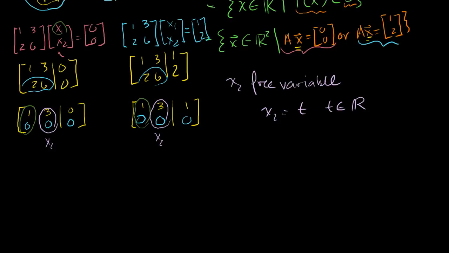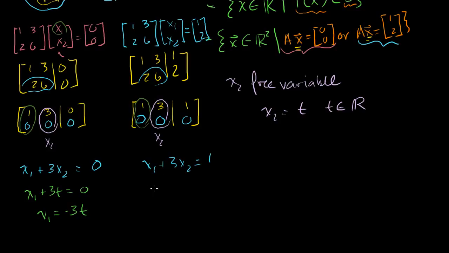So this top equation says x1 plus 3x2 is equal to 0. And so if we say x2 is equal to t, this equation becomes x1 plus 3t is equal to 0. Subtract 3t from both sides. You get x1 is equal to minus 3t.